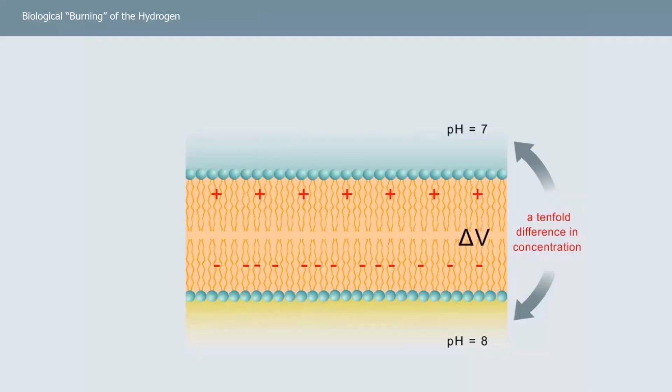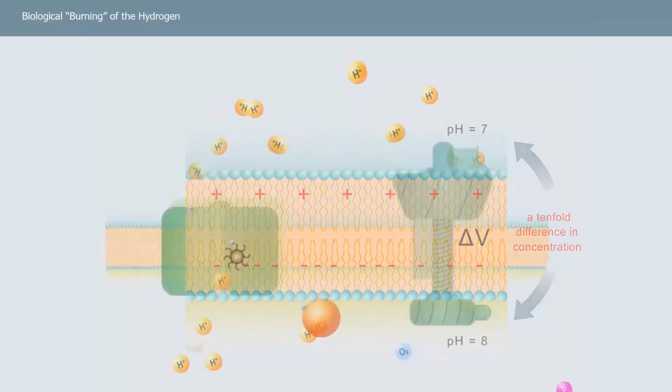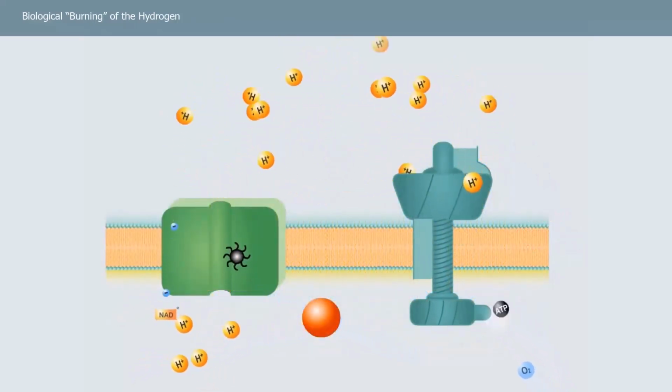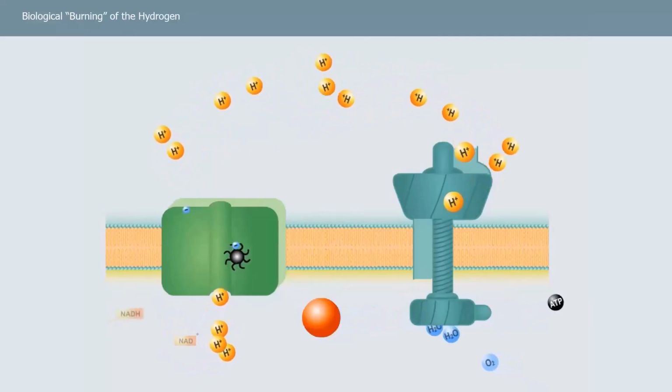The combined power of the concentration and the electric gradient pushes the hydrogen ions across the inner membrane of the mitochondrion back to the matrix, whilst spinning the rotors of the nanogenerators of the ATP synthase. As unbelievable as it seems, these are true nanogenerators that are propelled by the current of the returning hydrogen ions.